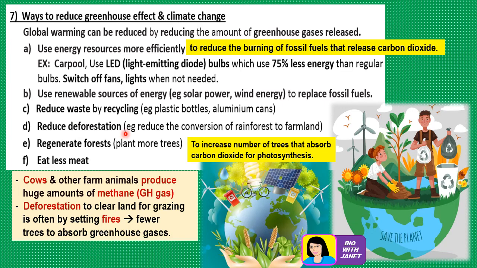So we must reduce deforestation in order to preserve the trees, save the trees, so that more trees can be used to absorb carbon dioxide for photosynthesis and reduce the concentration of carbon dioxide in the air, okay, and reduce the greenhouse effect. Regenerate forests means plant more trees, or plant back the trees in the forests that have been destroyed. That may take time, but it will increase the number of trees that absorb carbon dioxide for photosynthesis.